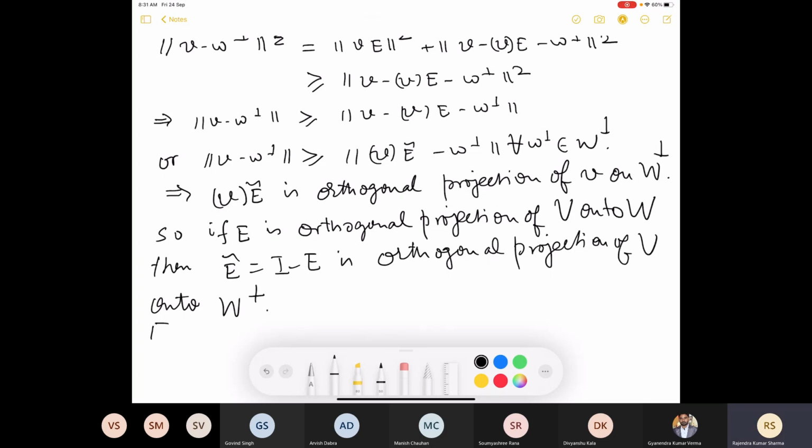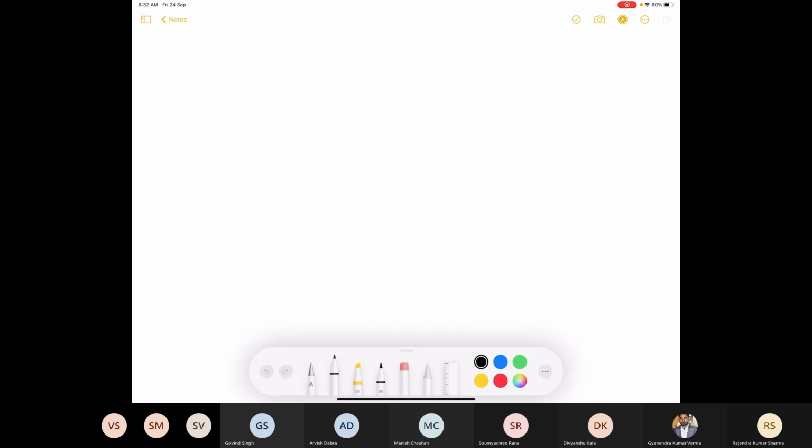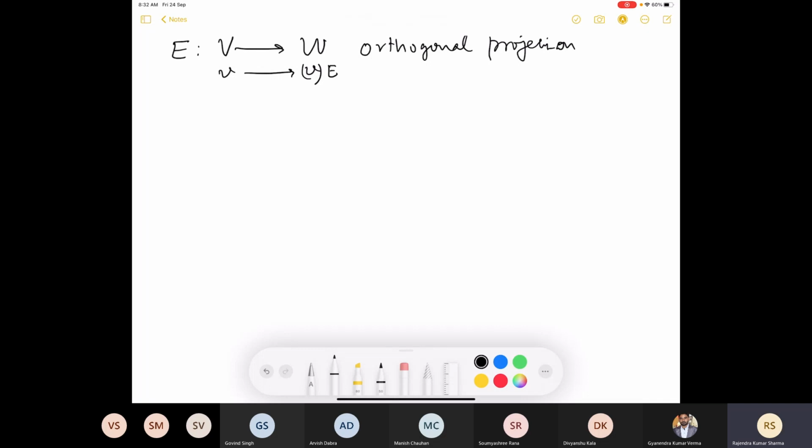So further you can prove that the orthogonal projection E, V to W, this is V to VE, the orthogonal projection of V onto W, is a homomorphism.